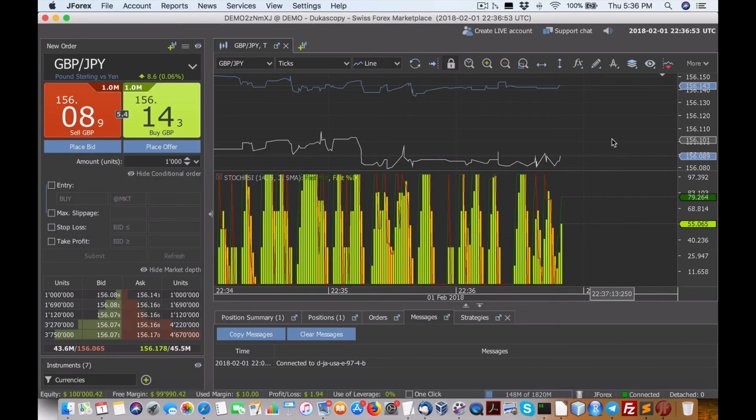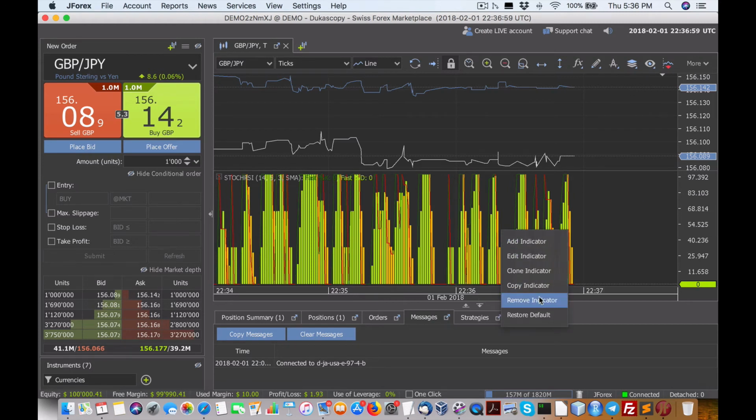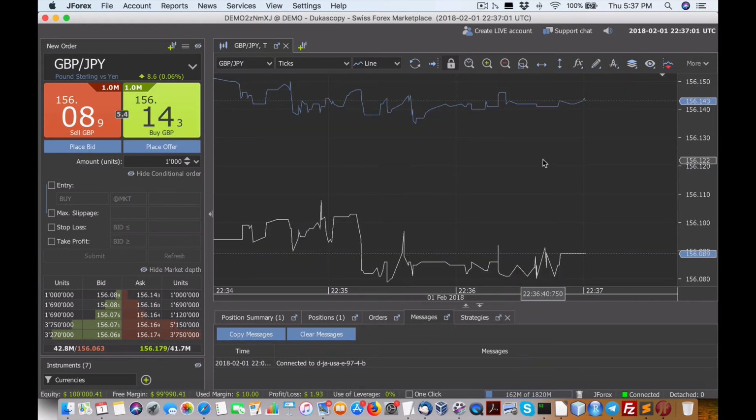That's not bad, actually. I can work with that. Okay, so let's get rid of this indicator. That's a definite contender. Next one that I want to use is stochastic.